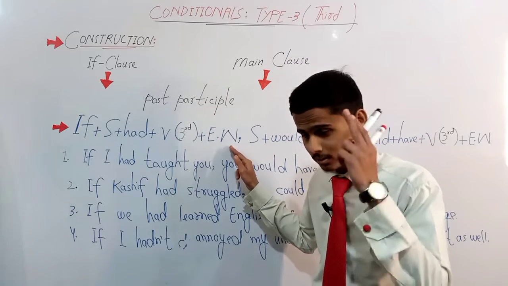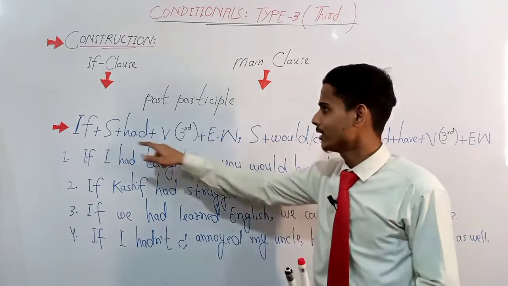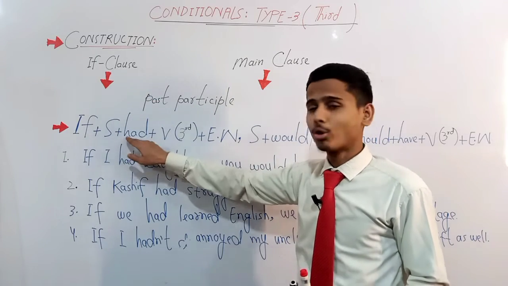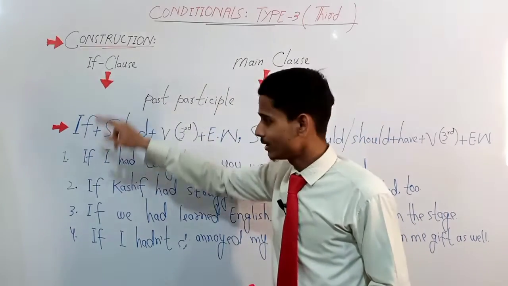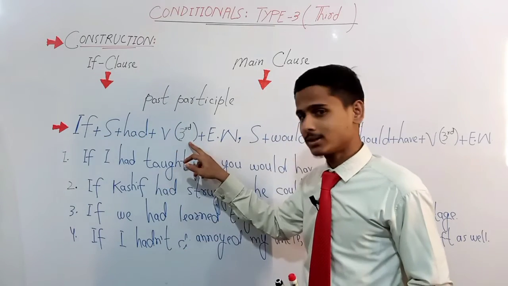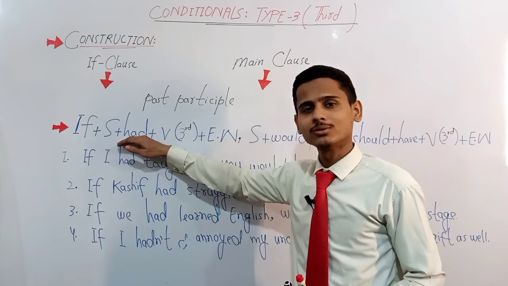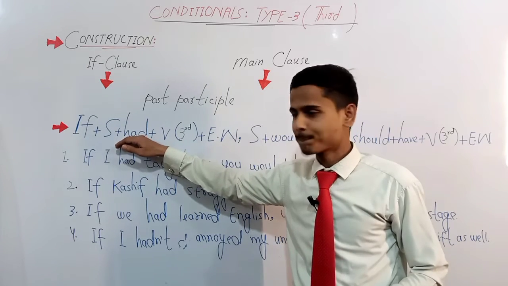Keep in mind that you have to put a comma only if the subordinate clause comes first. If the if clause comes first, then you have to put a comma. And if it becomes the second clause, you don't have to put any comma, according to the rule of grammar.